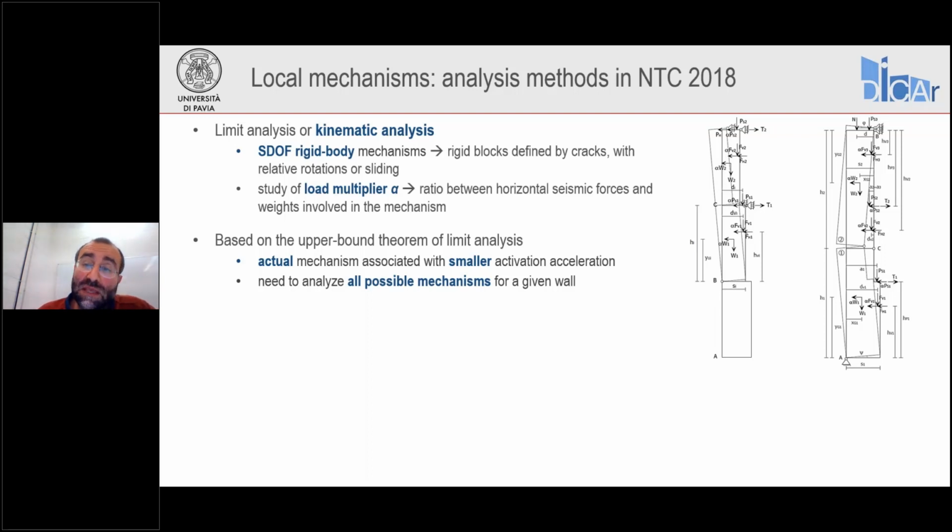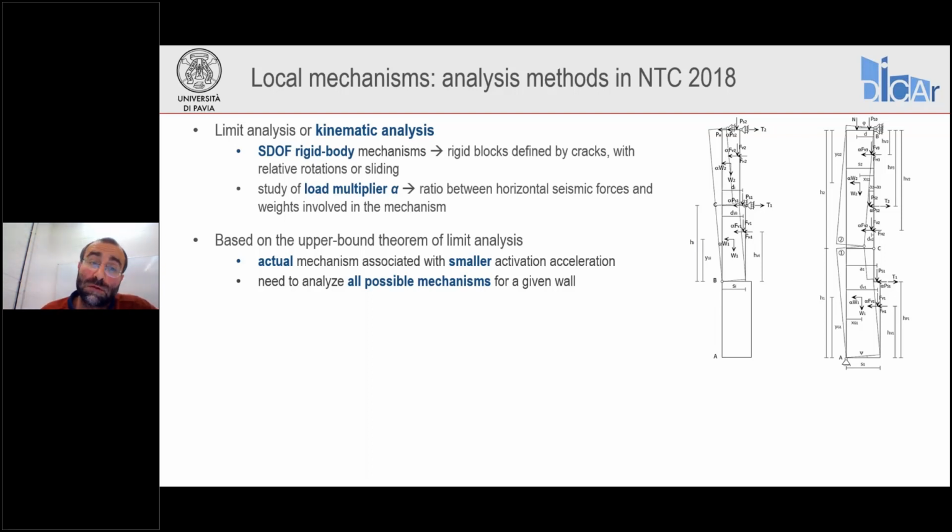In this case, the wall responding out of plane is discretized in a series of rigid bodies forming a single degree of freedom mechanism. These blocks are defined by actual cracks that may form in the development of the mechanism. And the different blocks that are bound by cracks can rotate and slide rigidly with respect to each other.